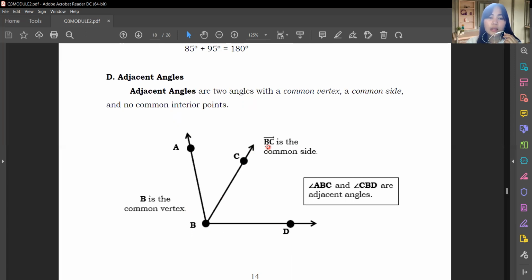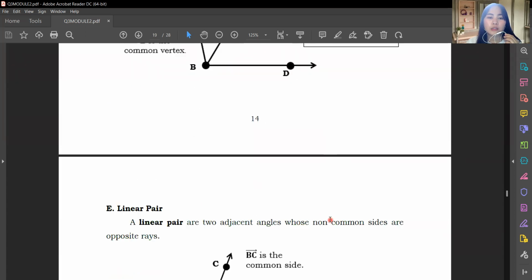So angle ABC and angle CBD are adjacent angles, meaning angles that are side by side. So now, that's for adjacent angles.